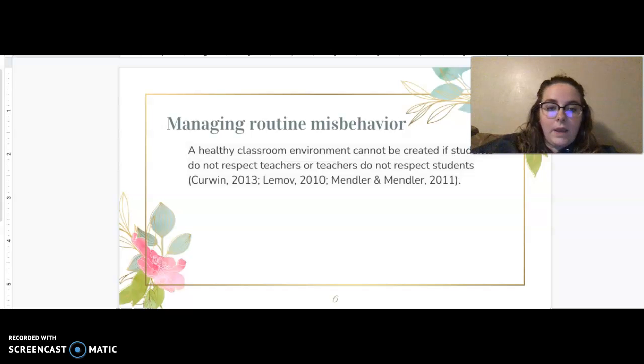Managing routine misbehavior. A healthy classroom environment cannot be created if students do not respect teachers or teachers do not respect students. And although you should involve students in creating class rules and take their input about organizing the classroom, you are the leader in the classroom and you need to enforce and establish the rules that you set.